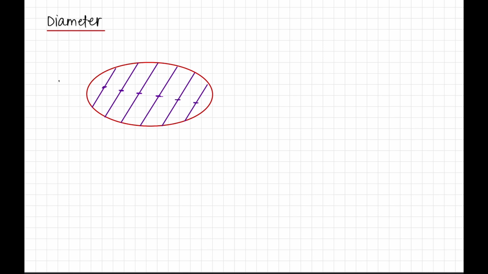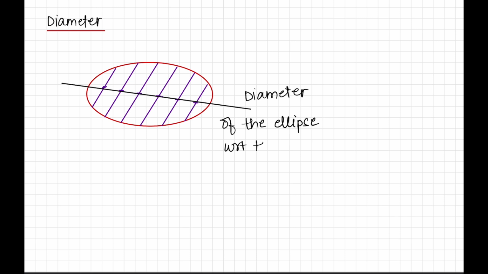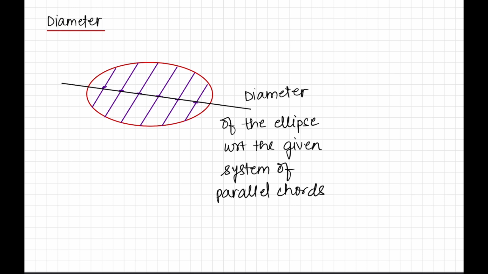And if we join all these midpoints, this line represents the diameter of the ellipse with respect to the given system of parallel chords. I hope this is clear.